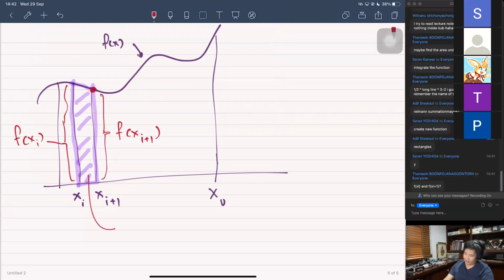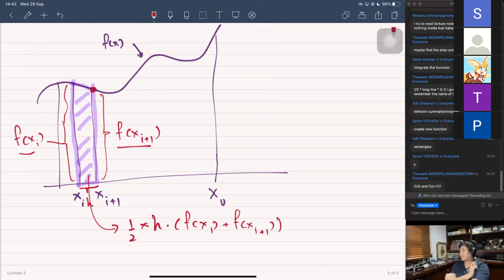The area of this thing is a half times the sum of the two sides, multiplied by the width h: a half times h times f of xi plus f of xi plus 1. Everyone good? That's only one piece. We just want to add up all the pieces.